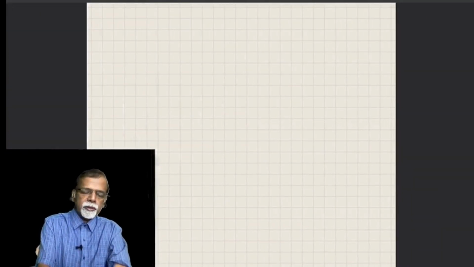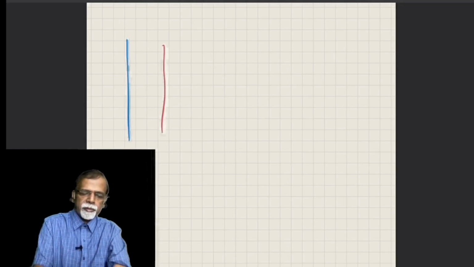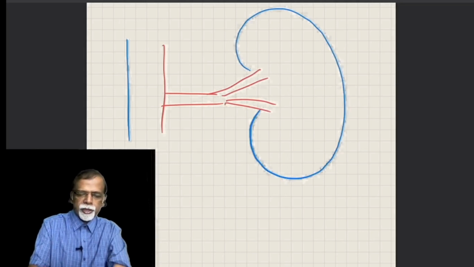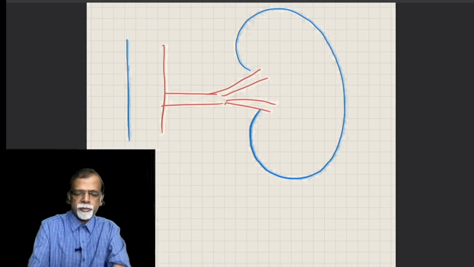So in short, the renal artery is a branch of the abdominal aorta, which gives off segmental branches which enter the kidney through the hilum.